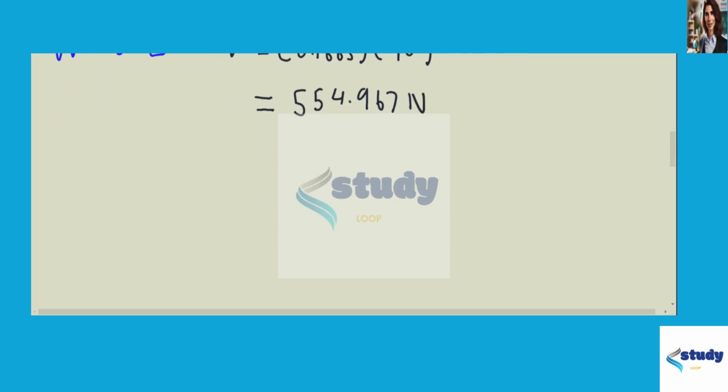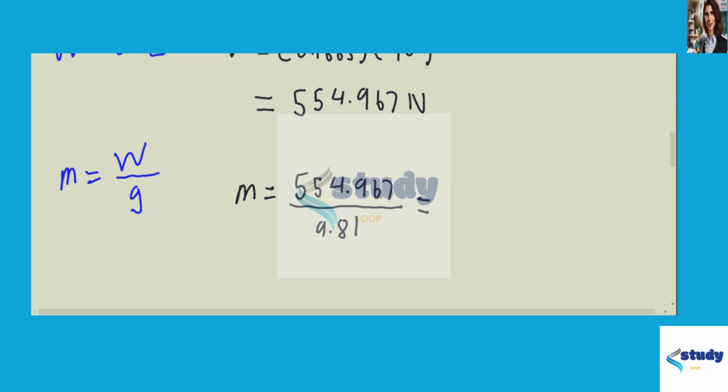And to find the mass, we take that weight and divide it by the acceleration due to gravity. So now mass is equal to the weight divided by the acceleration due to gravity. And this will give us a mass of 56.57 kilograms.